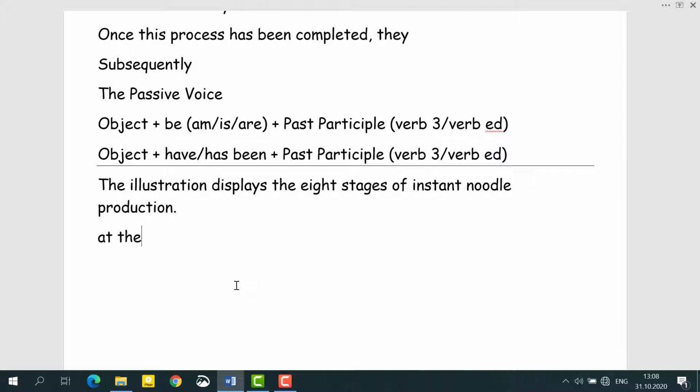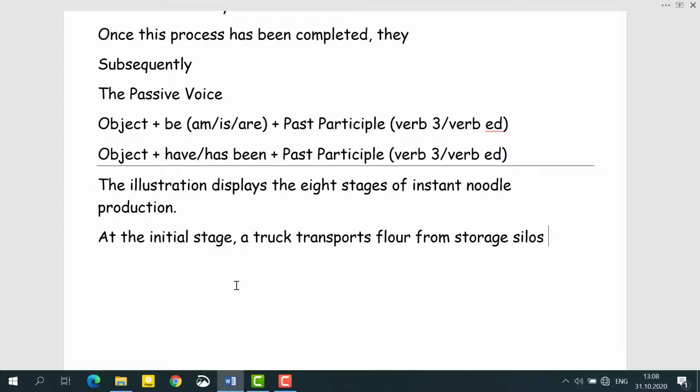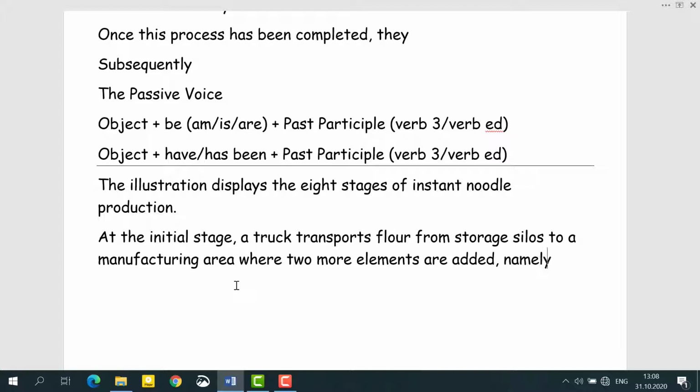At the initial stage, a truck transports flour from storage silos to a manufacturing area where two more elements are added, namely water and oil in a large mixer.